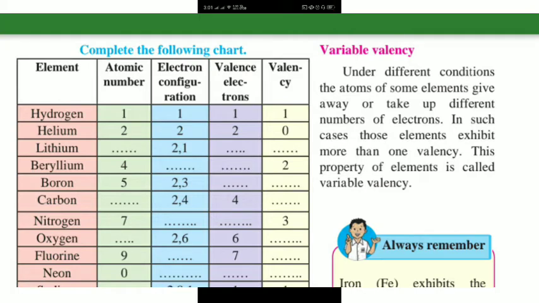Under different conditions, the atoms of some elements give away or take up different numbers of electrons. In such cases, those elements exhibit more than one valency. This property of element is called variable valency.